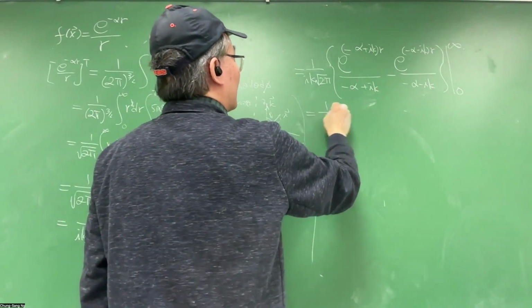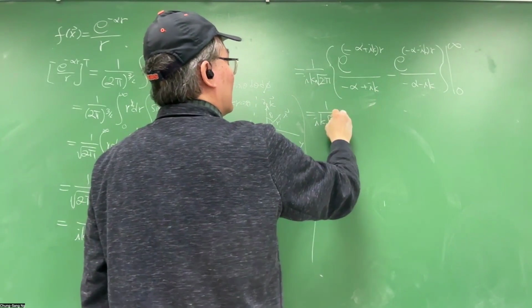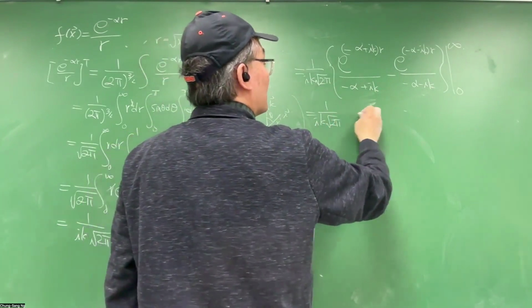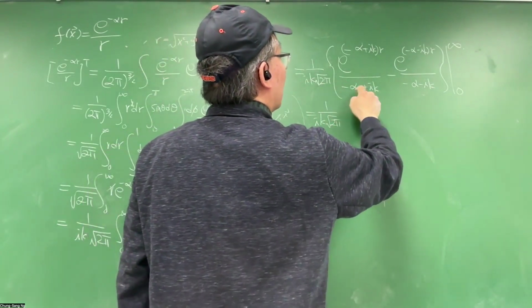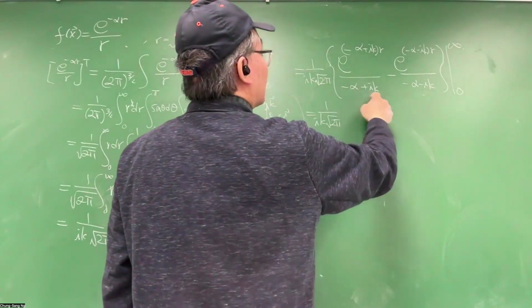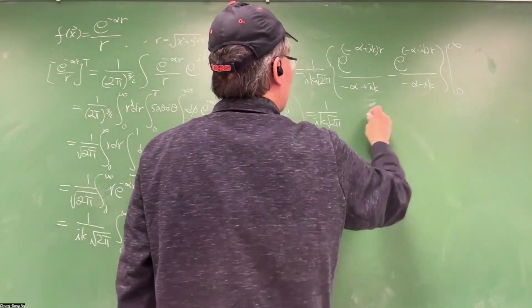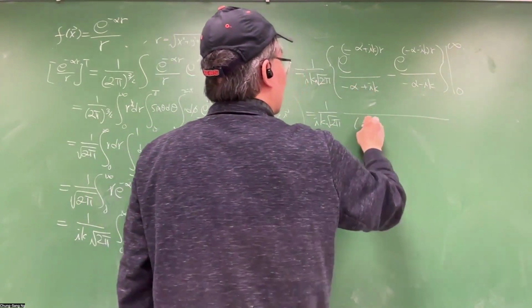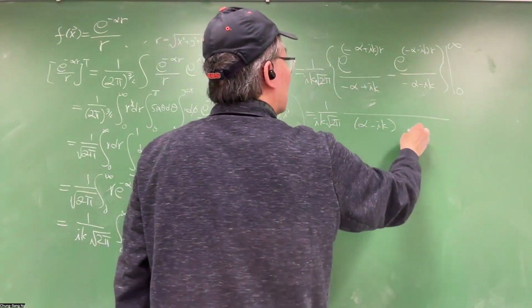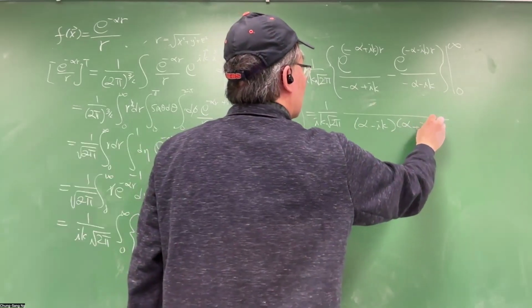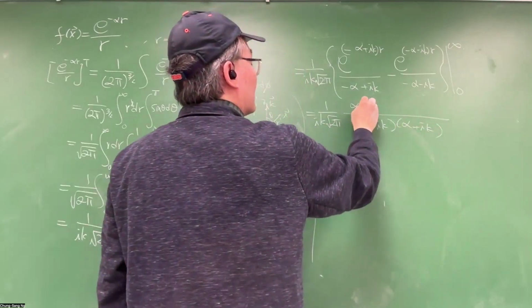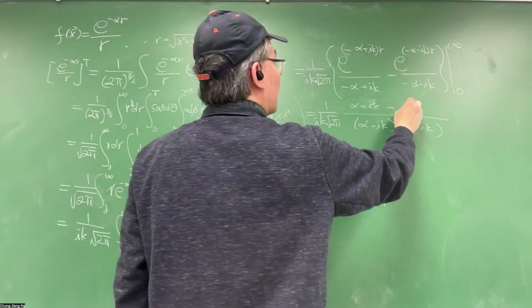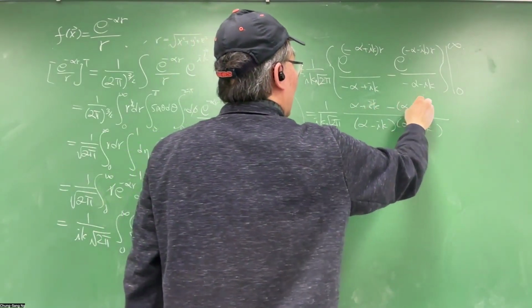So you use the negative sign to flip the sign of the lower limit, so it becomes alpha minus ik and alpha plus ik. And the two terms are 1 over alpha plus ik minus 1 over alpha minus ik.